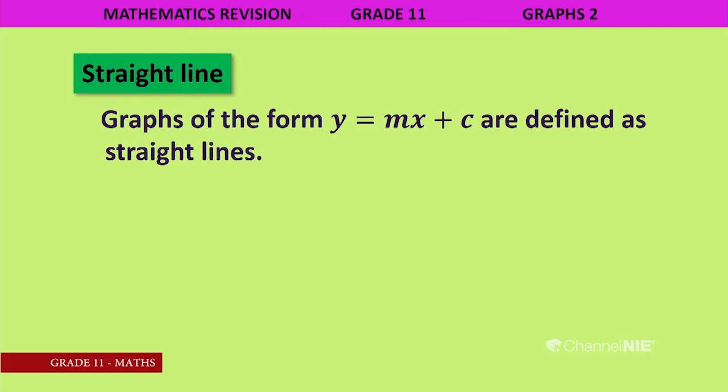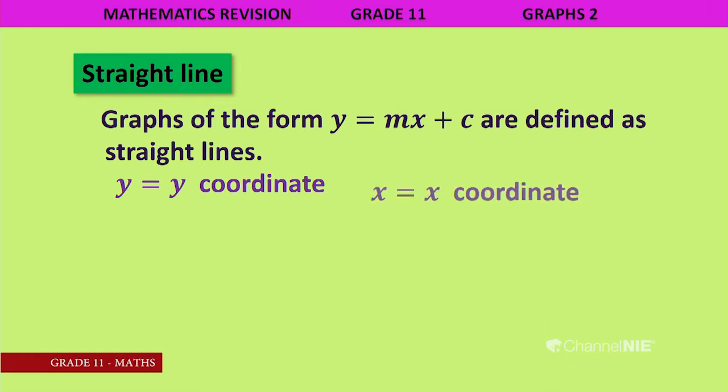You know the meaning of m. m is the gradient of the straight line, c is the intercept of the straight line. Here y means y coordinate, x means x coordinate. The numbers on the x axis and the y axis are the x coordinates and y coordinates.